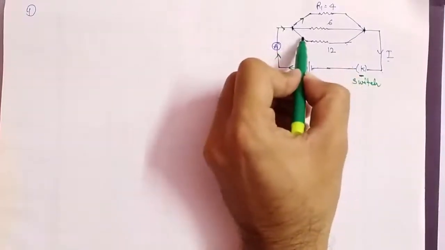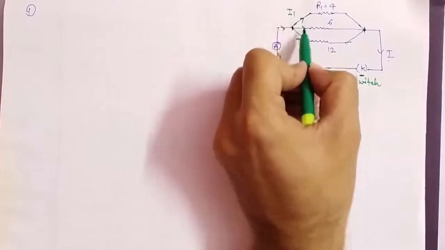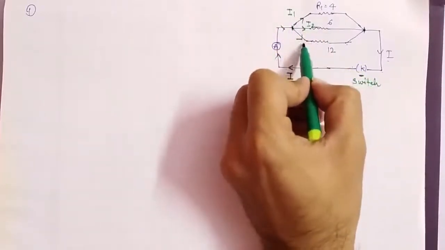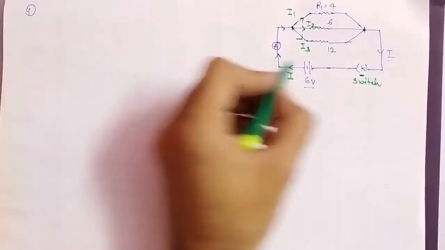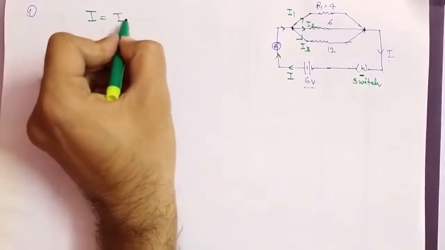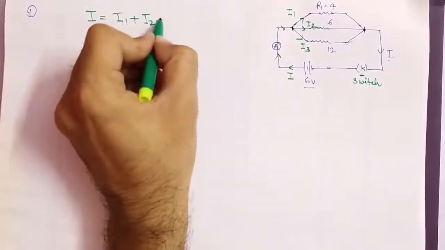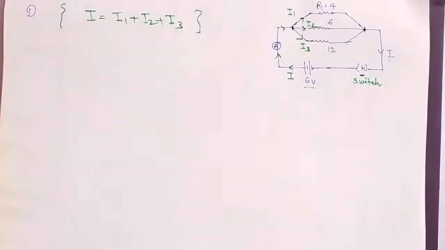Let's name the current in R1 as I1, in R2 as I2, and in R3 as I3. So our I is divided into three parts: I is equal to I1 plus I2 plus I3.